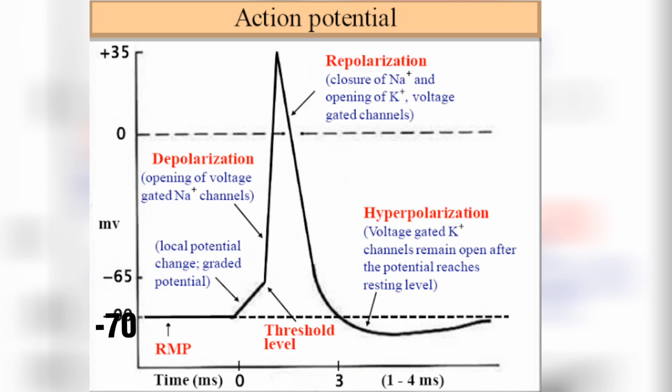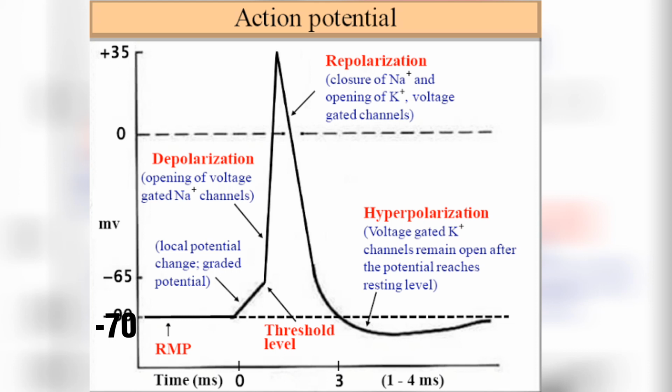The maximum depolarizing potential closes the sodium channels and opens the potassium channels. The opening of potassium channels passively moves potassium ions out of the cell, and repolarization occurs to minus 70 millivolt.